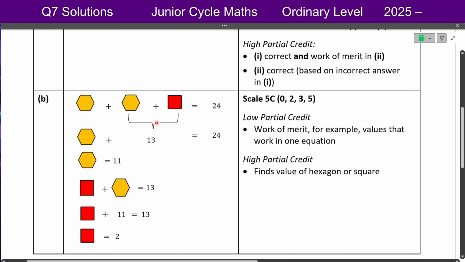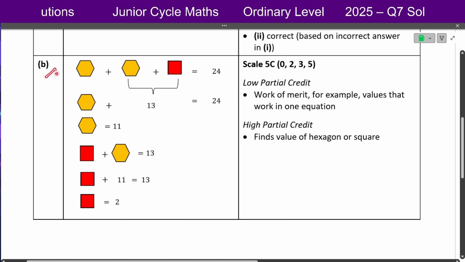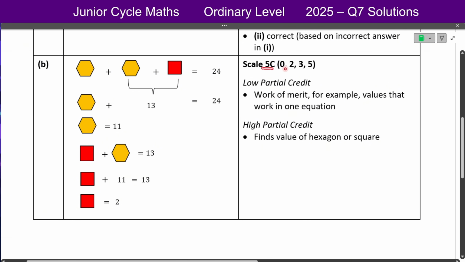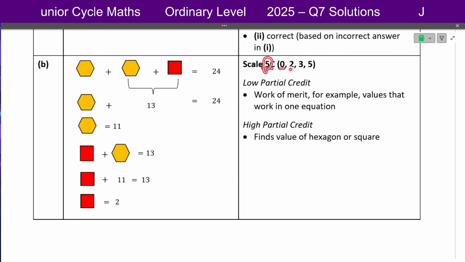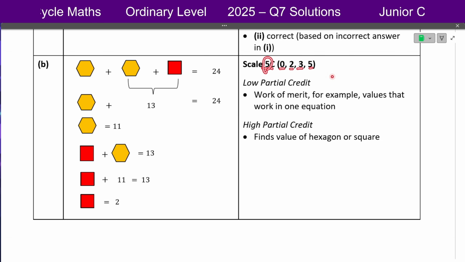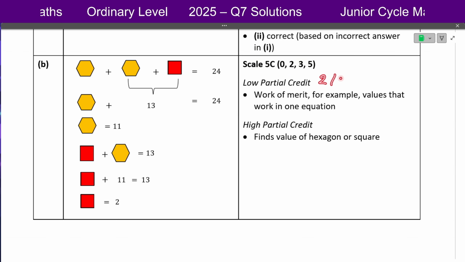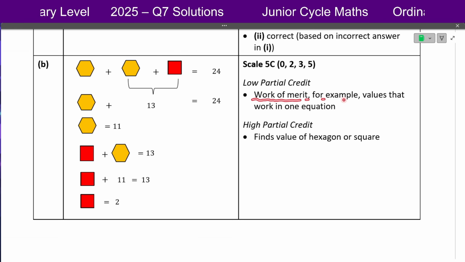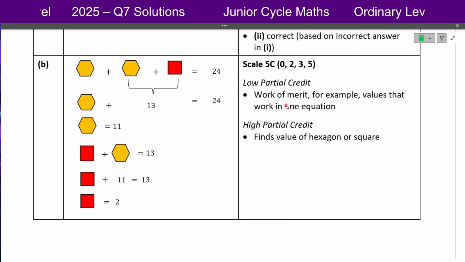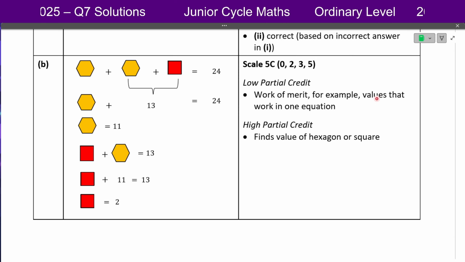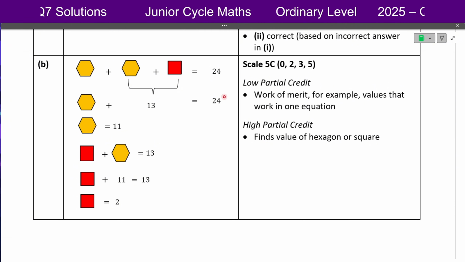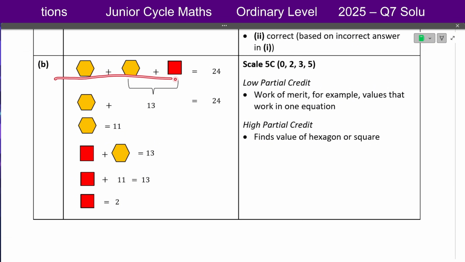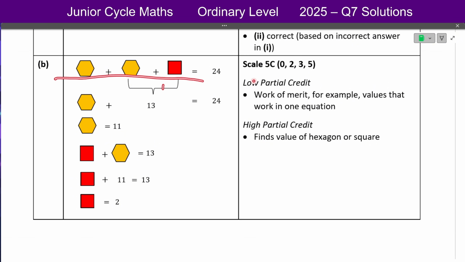And for the second part, we have a scale of 5C, 5 marks with 4 subcategories. We may get 2 out of 5 if we show some work of merit, for example, we substitute values that work in one equation, not both of them, one equation only.